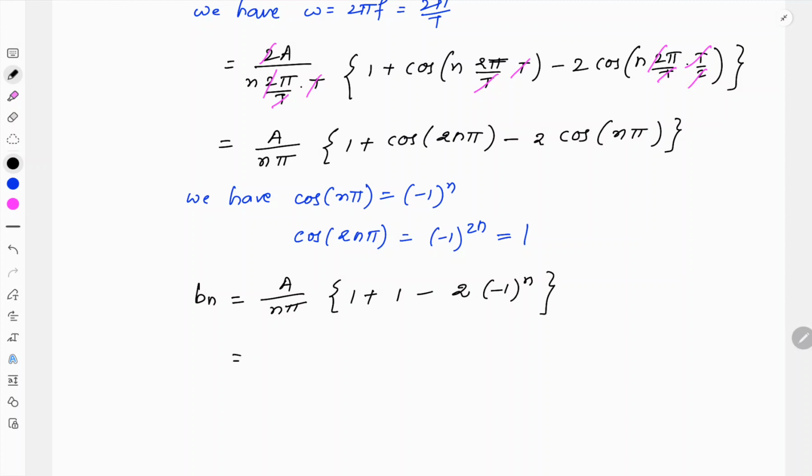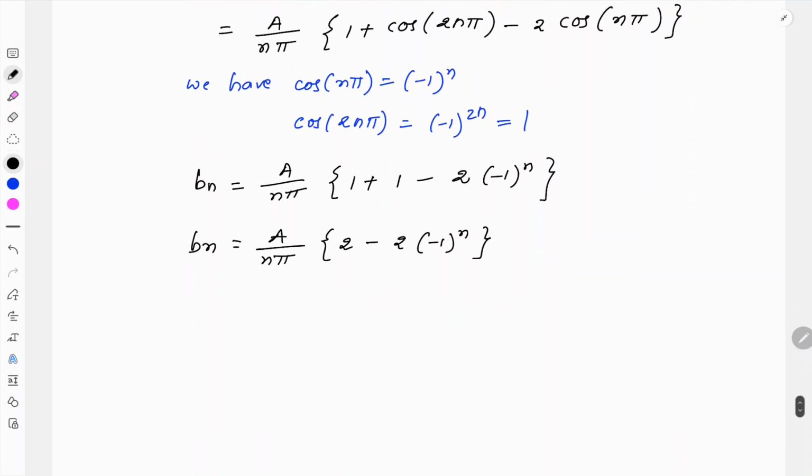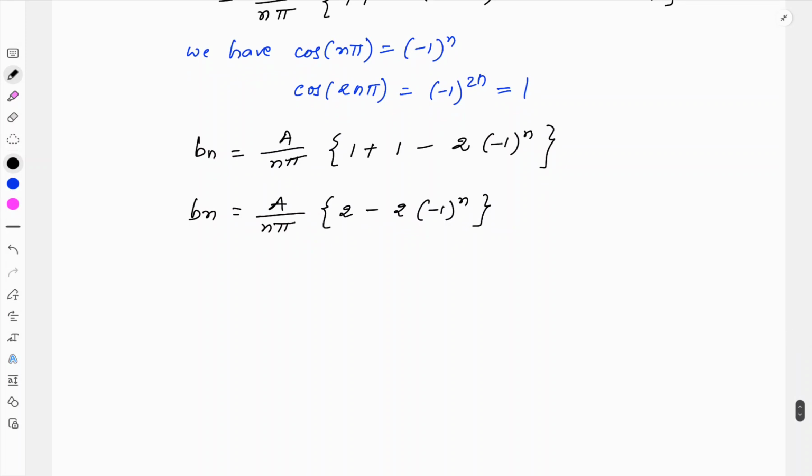So this becomes a upon n pi, 2 minus 2 minus 1 raised to n. So this is the bn coefficient. Now if we look at this equation carefully, here it is 2 minus 2 into minus 1 raised to n.